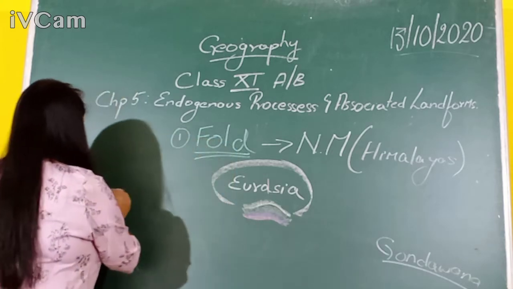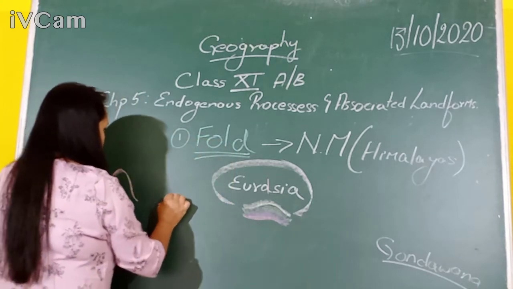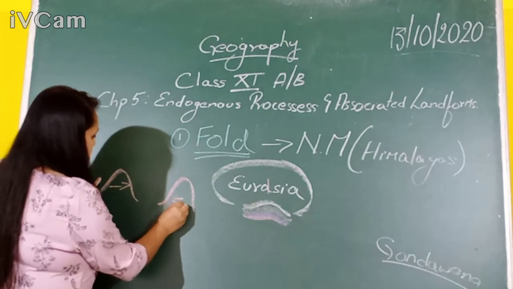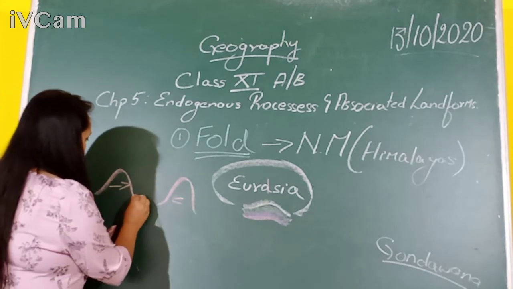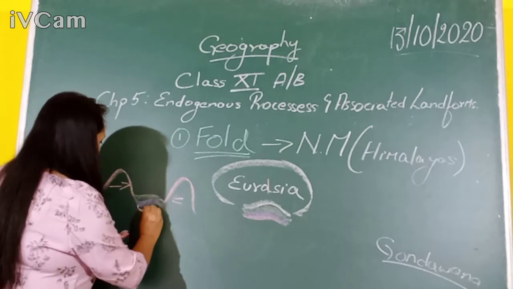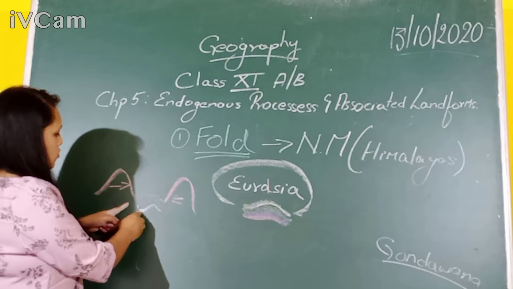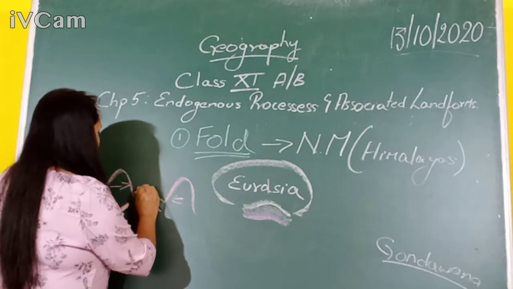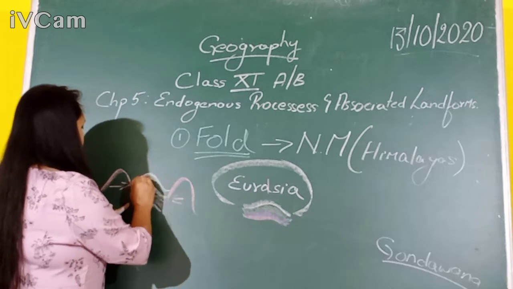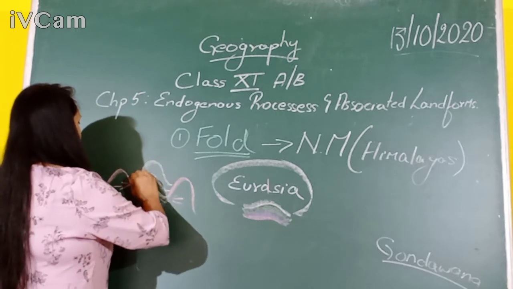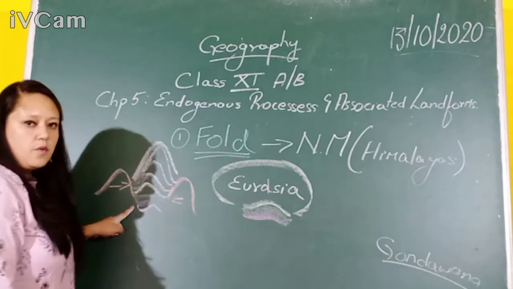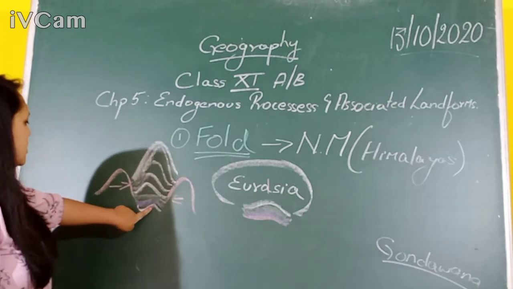If this was Eurasia and this was the Gondwana landmass, the forces were acting towards each other, and the sediments deposited by the Tethys Sea had no place to move, so folding started forming, and then it started increasing in height, and later on, that is how the Himalayas were formed, because of the deposition.